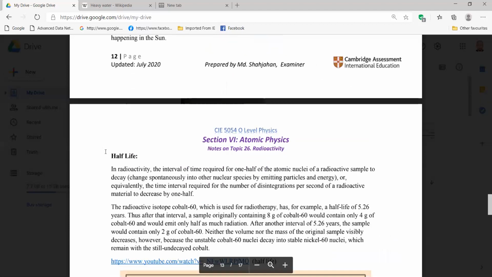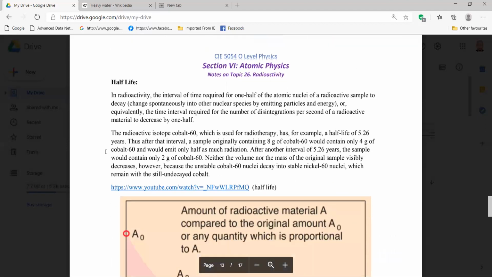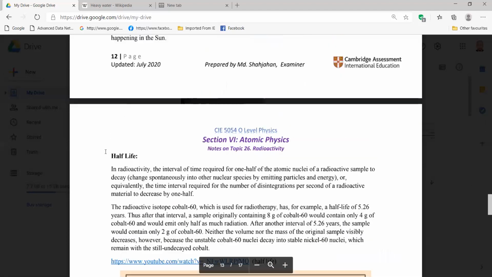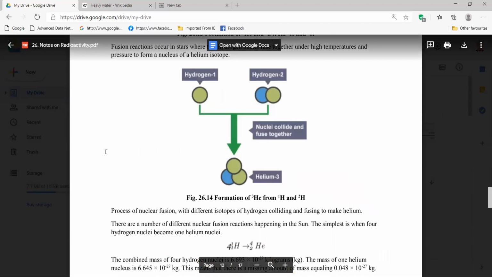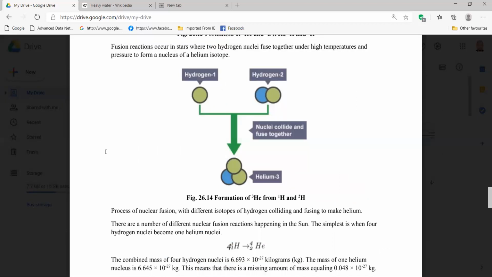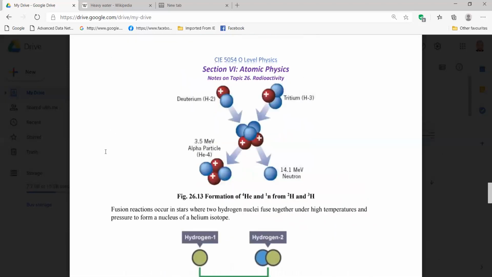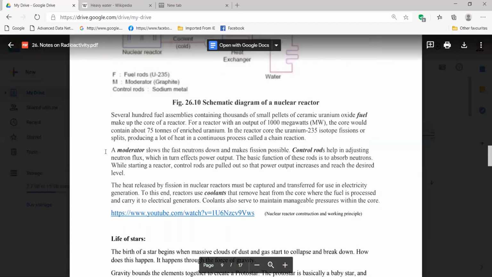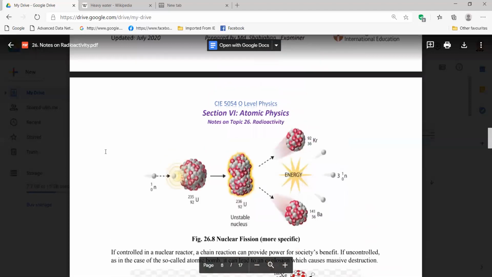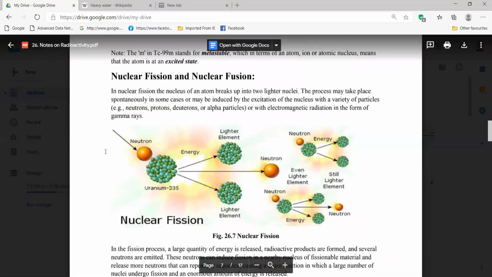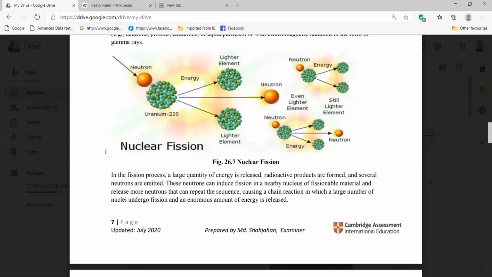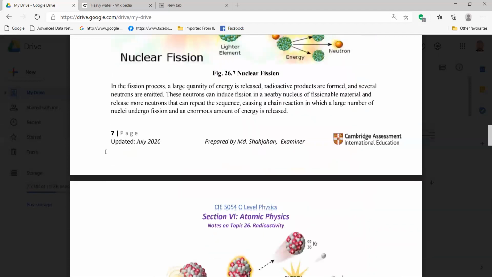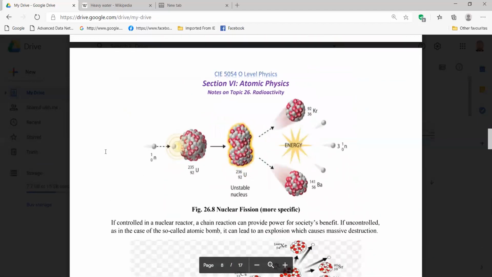I think another day we will start half-life. Now we are summing up whatever we did today. We started our class today with nuclear fission and fusion, and we discussed details on fission.